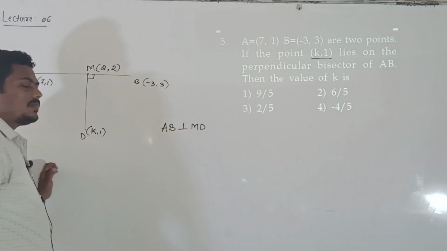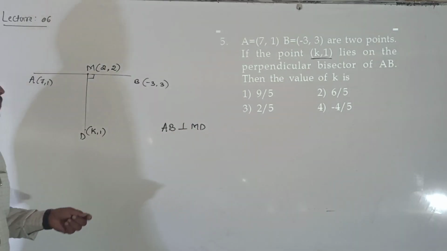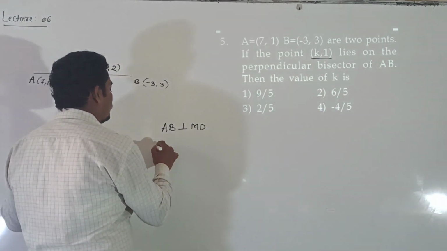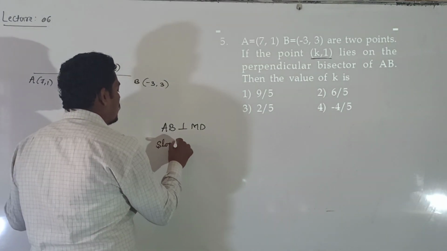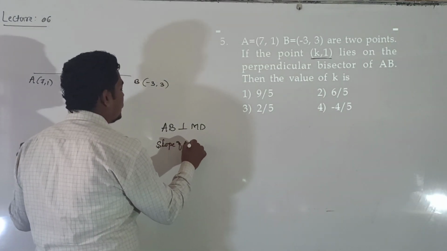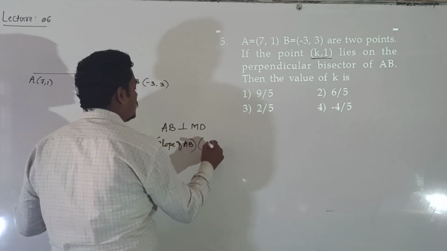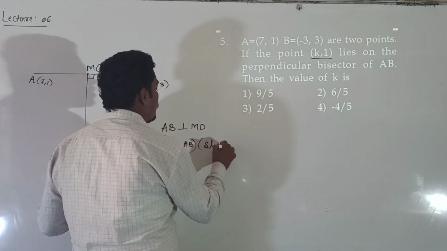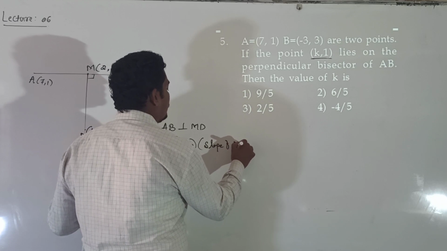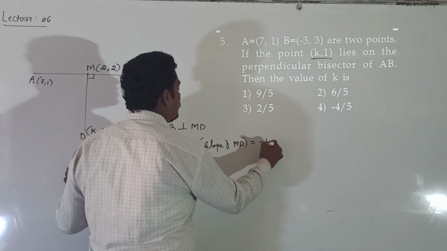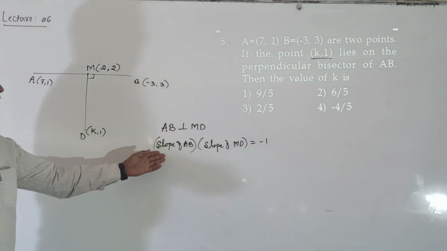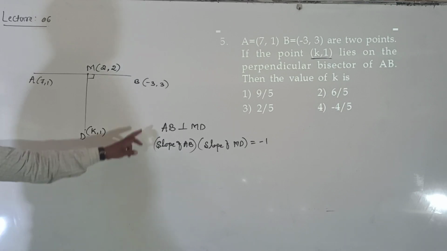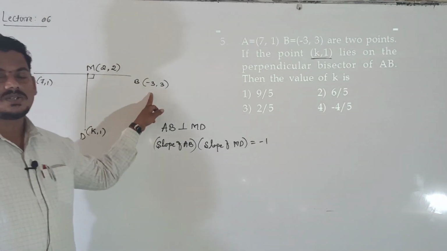Then what is the condition? If two lines are perpendicular, then the product of their slopes is equal to minus 1, right? Slope of AB into slope of MD is equal to minus 1. Tell me, what is the slope of AB? Just use the 2-point formula. This is x1 y1, it is x2 y2.